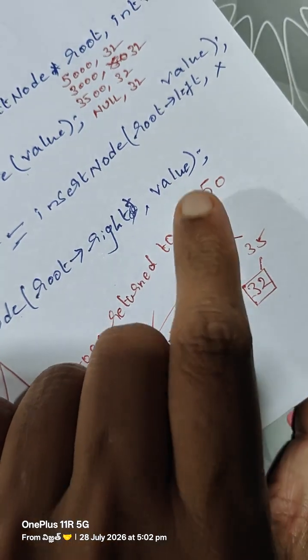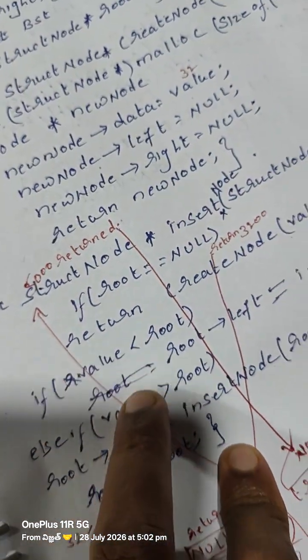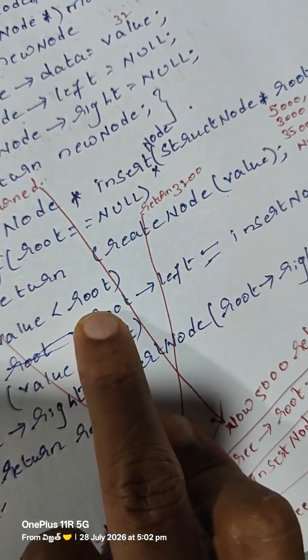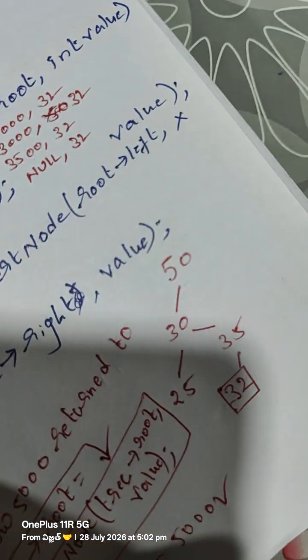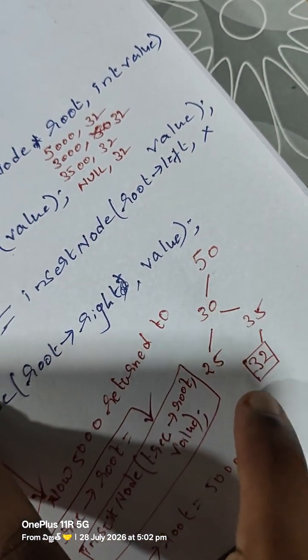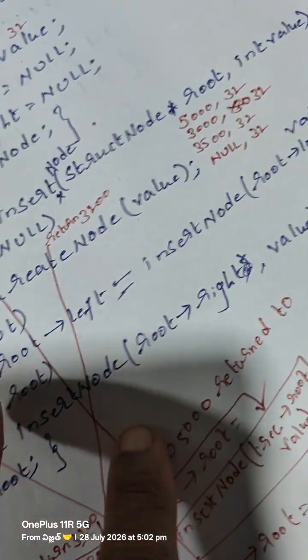Is 32 towards the left of 50 or towards the right of 50? I need to check it. The value goes towards the left, why? Because 32 is less than 50. So that means 32 should be inserted towards the left of 50, right?